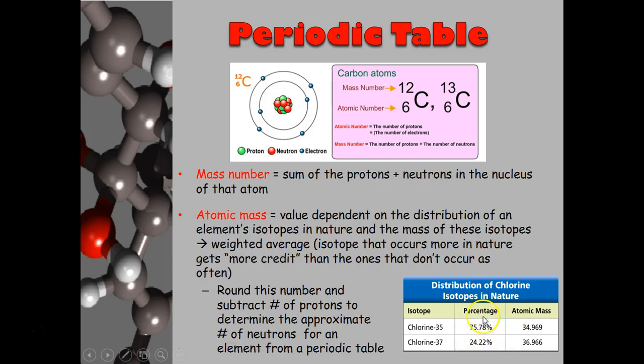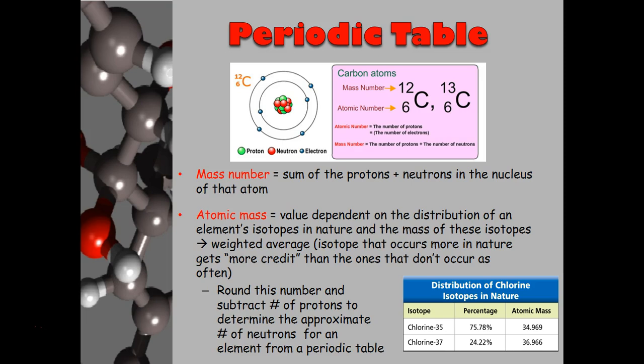So that means 76% of the average is going to go towards this atomic mass, and only 24% of the average is going to go here. So it's not quite just taking all these masses, adding them up and averaging them together. It's a weighted average, so keep that in mind. That's part of how you get those really long, big decimals.